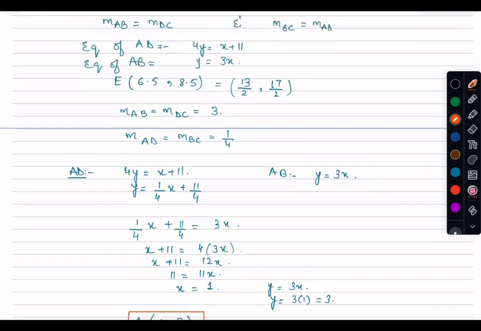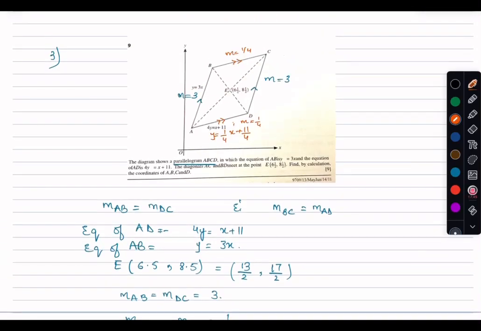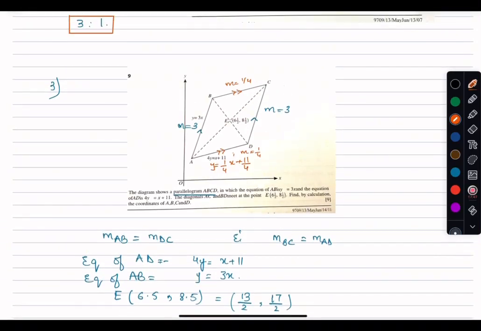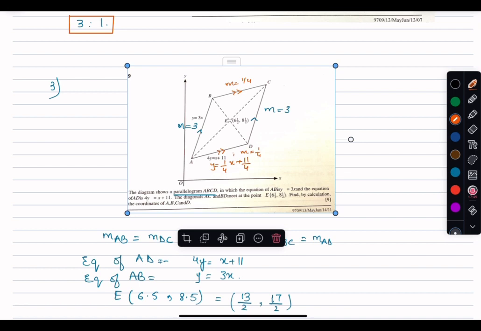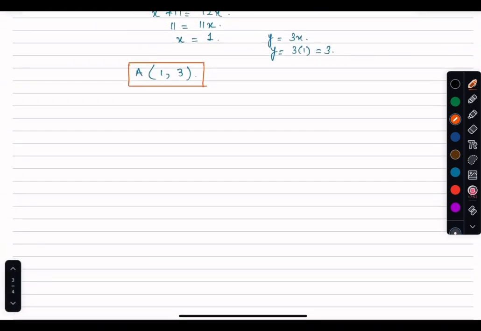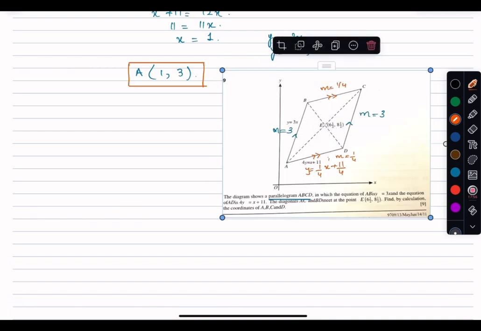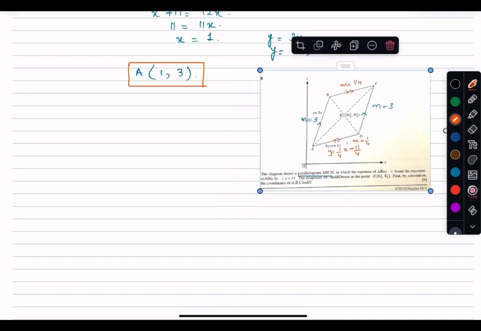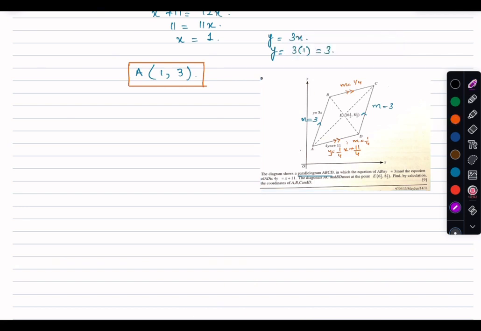Now, if I look at the diagram, what I know is that I have calculated A. Let's write the A coordinates here. The A coordinates are 1 comma 3.